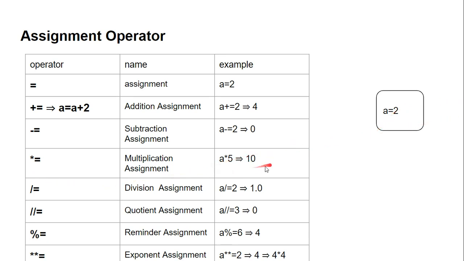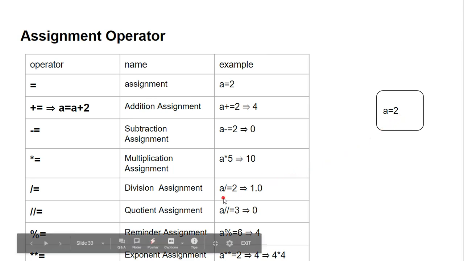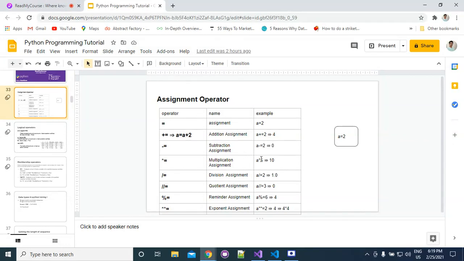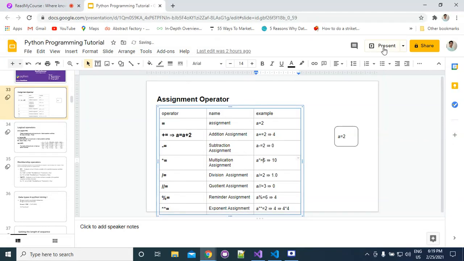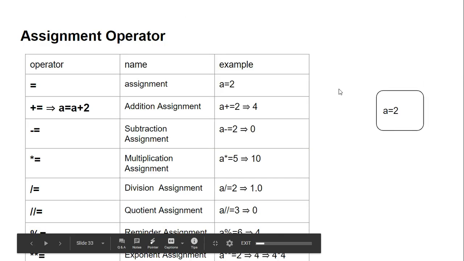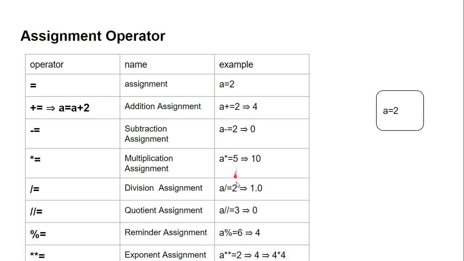So the answer will be 10, because initially the value of a is 2. Sorry, a is equal to a star 5.